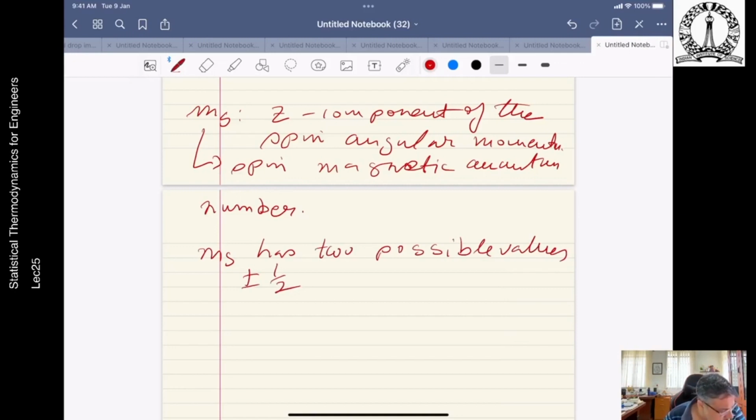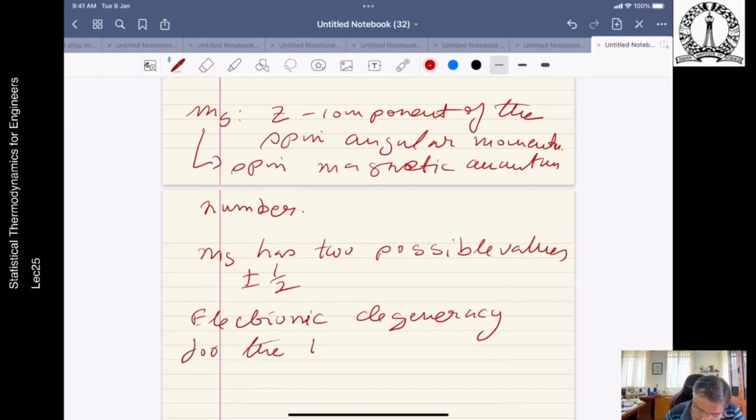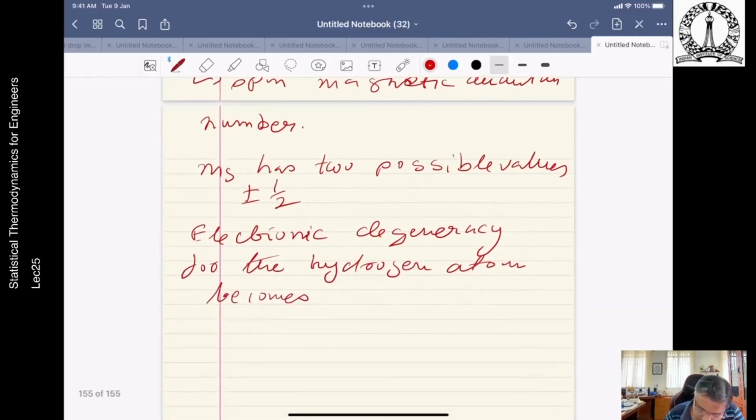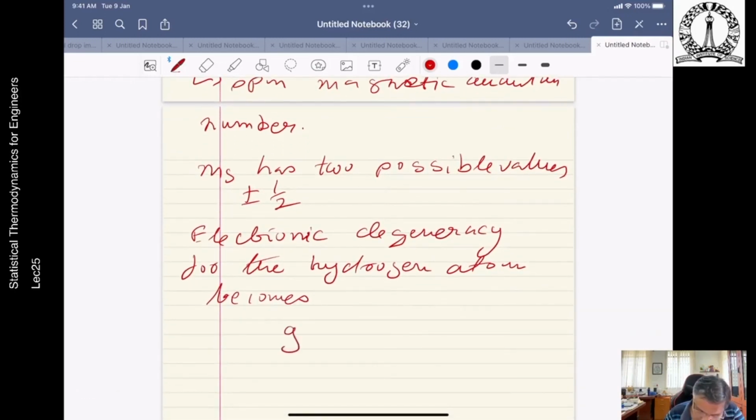So the electronic degeneracy for the hydrogen atom becomes G electronic is 2 n squared, where n is the principal quantum number.